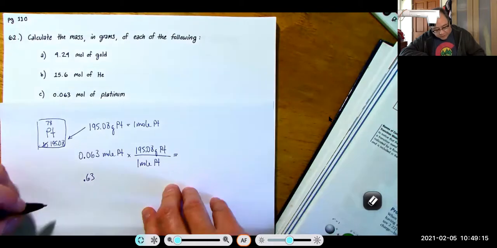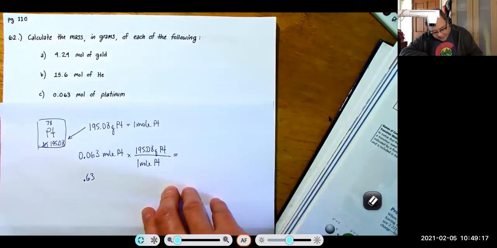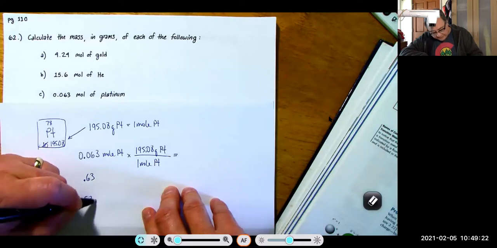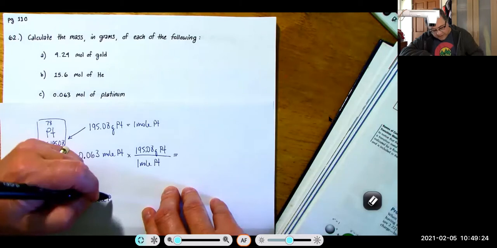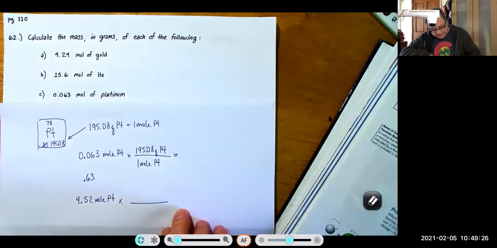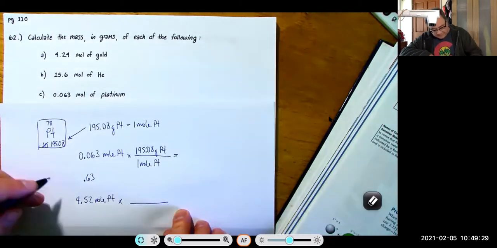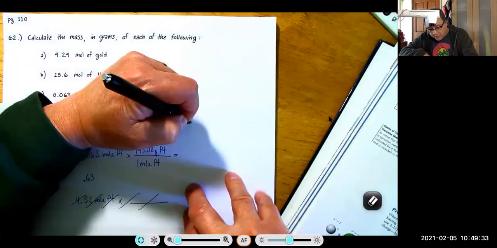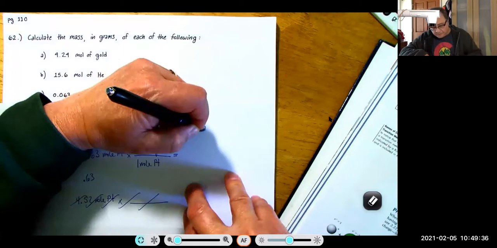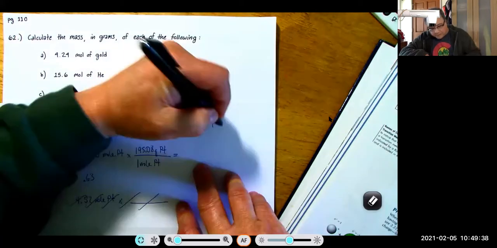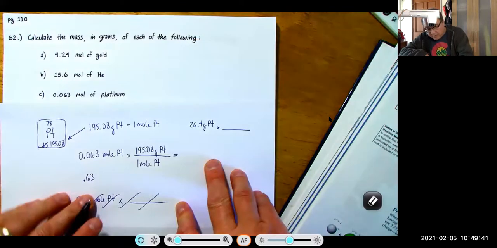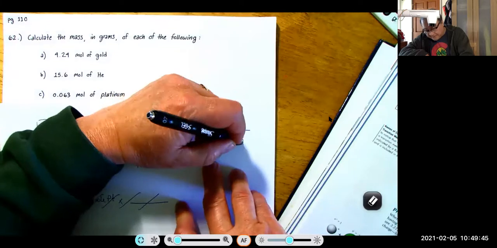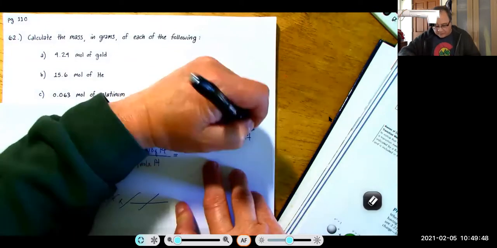Now, we could also do the reverse. For instance, if we had 4.52 mole of platinum, we could figure out how many grams by multiplying by, oh wait, we just did that. My bad. Let's say that we had 26.4 grams of platinum. We could figure out how many moles by multiplying by 1 mole of platinum over 195.08 grams of platinum, and we would get the moles of platinum.